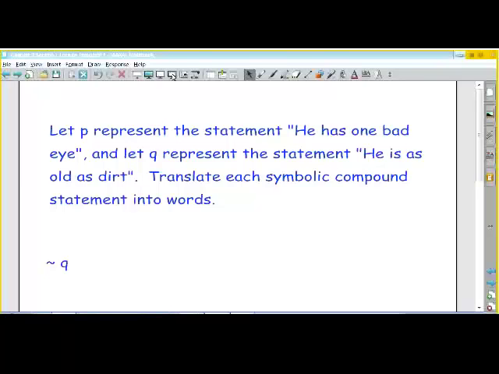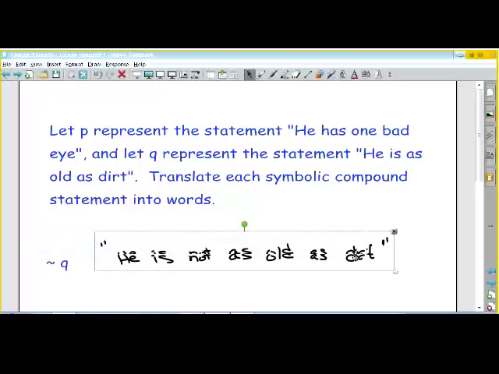So he is as old as dirt, and the negation would be he is not as old as dirt. So to answer this question, we just write out he is not as old as dirt. Or it is not the case that he is old as dirt, but we can use not in this case. Okay, so that's the first one.